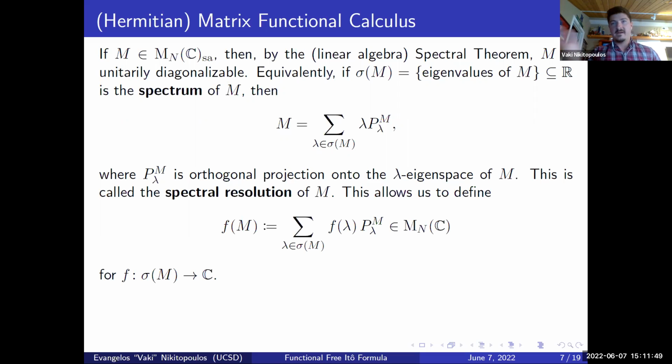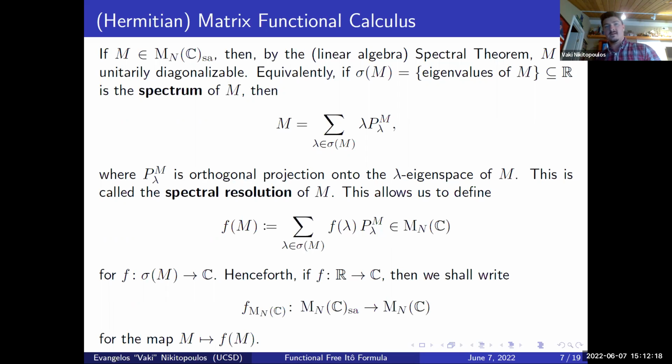This, as I said, is called the spectral resolution of M, and it allows us to give a definition of functional calculus. So if you have a function f of the eigenvalues that takes values in the complex numbers, you can define f of this matrix to be the sum over the eigenvalues of f of the eigenvalue times the spectral projection associated with that eigenvalue.